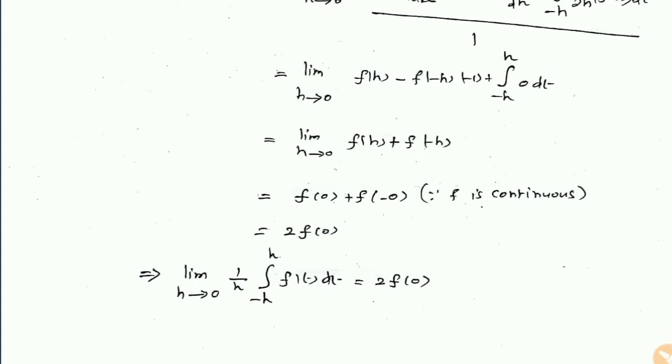So this is 2 times f(0). Therefore the limit as h approaches 0 of (1/h) times the integral from -h to h of f(t) dt is equal to 2 f(0). So the correct answer to this question is 2 times f(0).